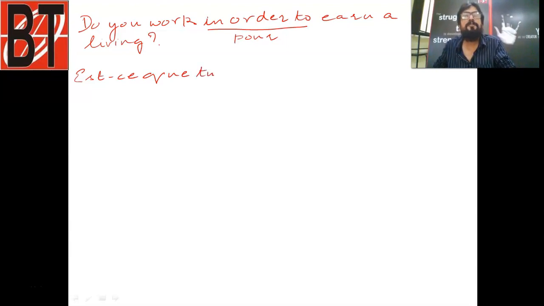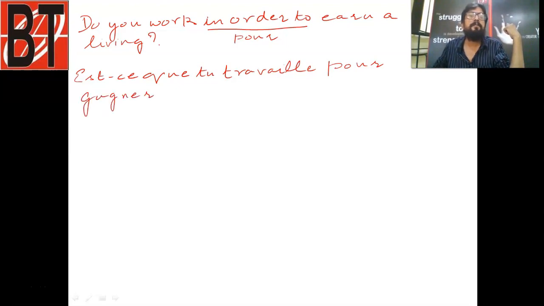Est-ce que tu travailles pour, in order to, pour to earn का फ्रेंच में मतलब होता है gagner, GAGNER, निए, this GN is निए, gagner के दो मतलब होते हैं. पहला मतलब होता है to win और दूसरा मतलब होता है to earn. ओके, सो est-ce que tu travailles pour gagner your living is your. तो हम ट्यू में बात कर रहे हैं तो हमें यहाँ पे यूज करना पड़ेगा ta vie.